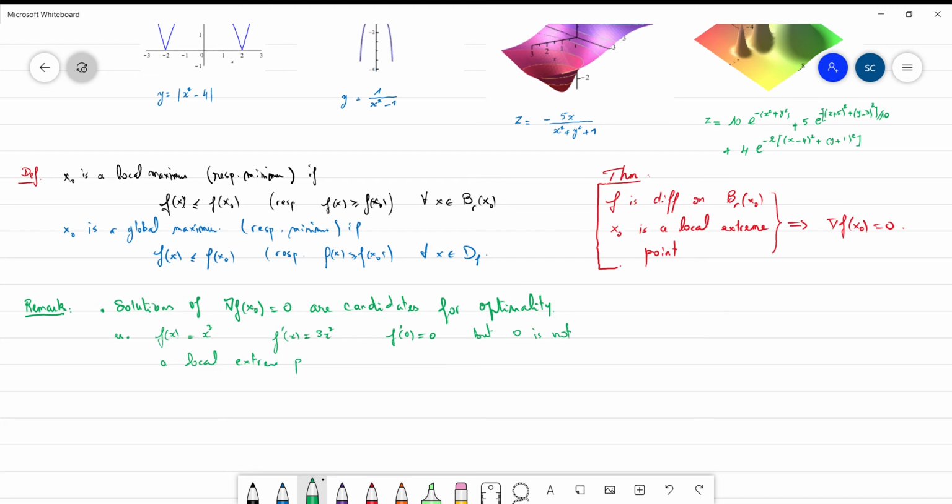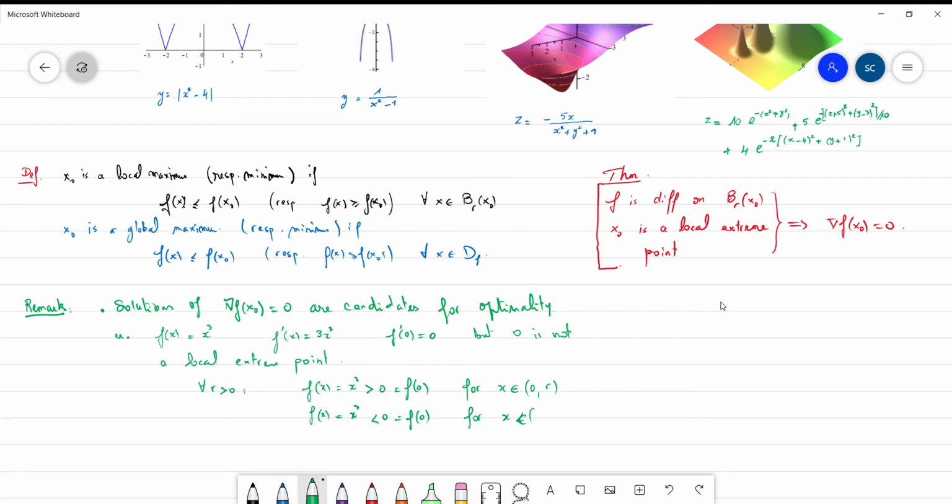How do we justify it? For any positive r, f(x), that is x^3, is greater than 0, which is f(0), for x in (0, r), and f(x) remains negative, less than the value at 0, for x in (-r, 0).